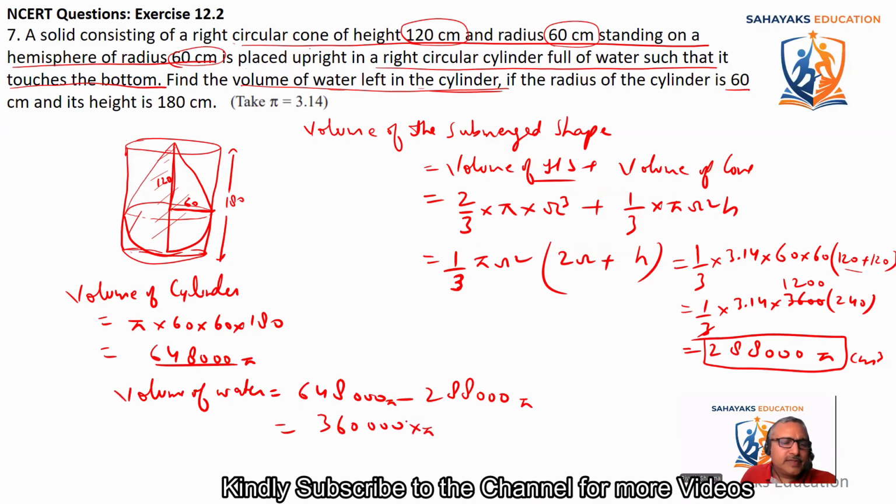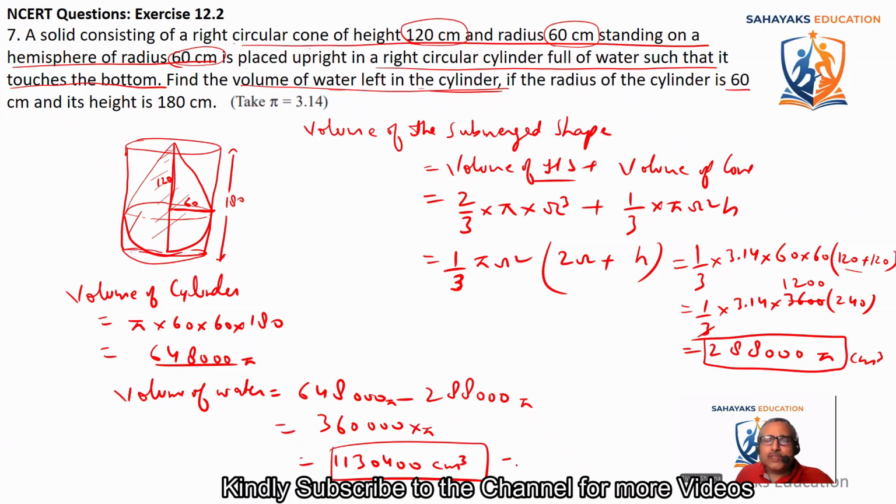Okay, I'll multiply this with 3.14. So once again, 360,000 multiplied by 3.14 comes out to be 1,130,400 centimeter cube. So this is the water.